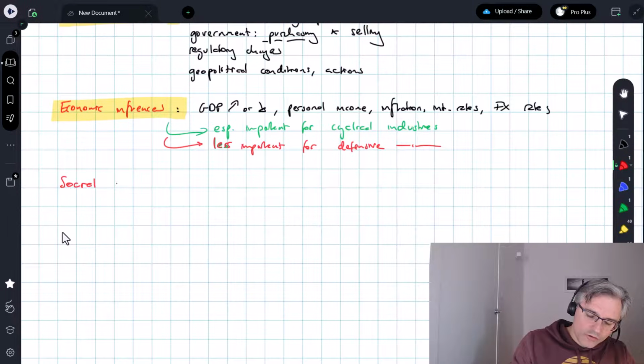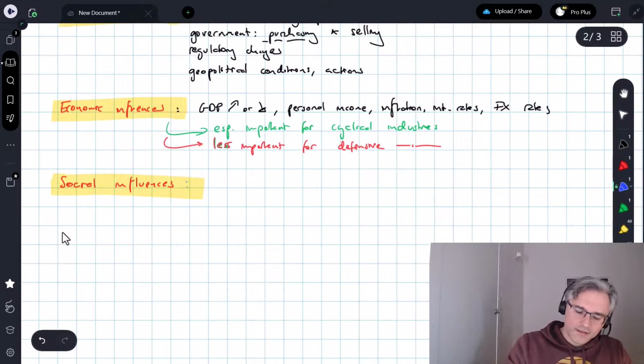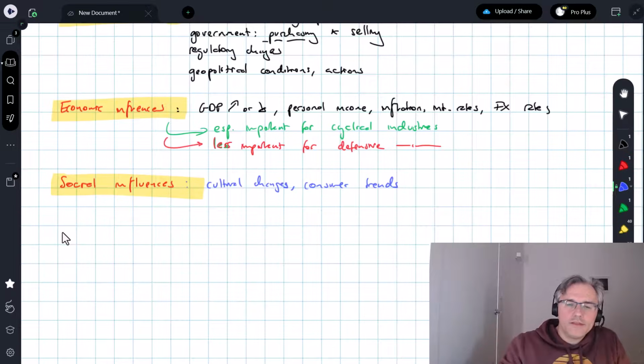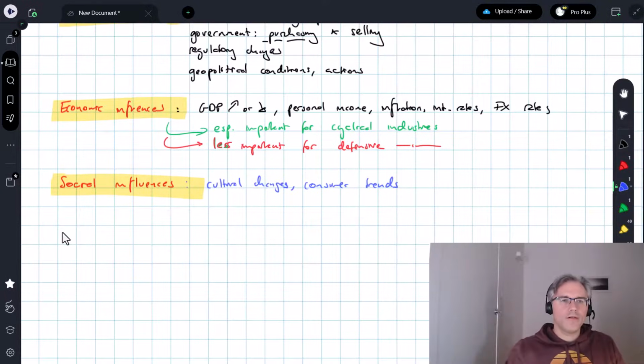Then we've got social influences. Remember, PES, then T, so social. These are things like cultural changes, consumer trends, people moving to different ways of spending time, different ways of eating, maybe eating more takeaways instead of cooking, or going less to restaurants in favor of takeaways, going less to the cinema in favor of watching stuff at home, stuff like that.